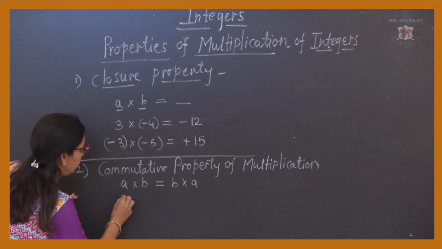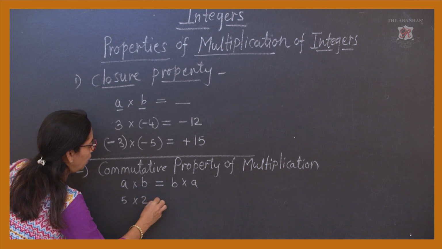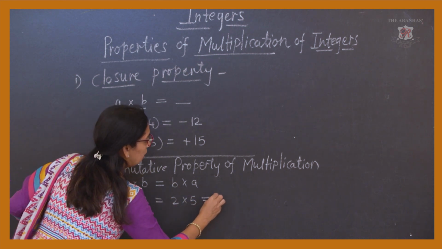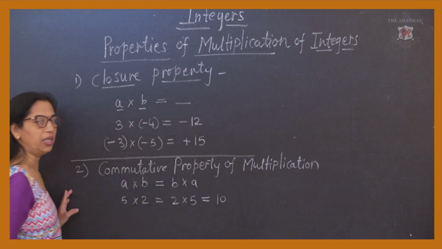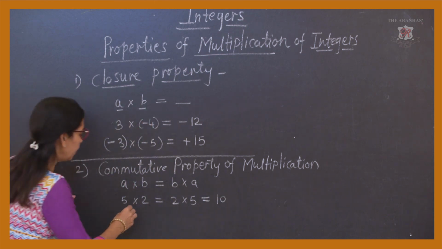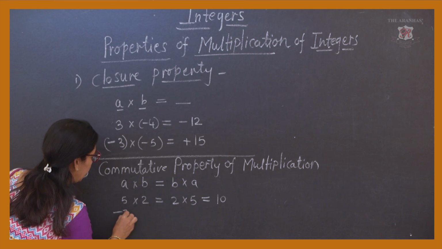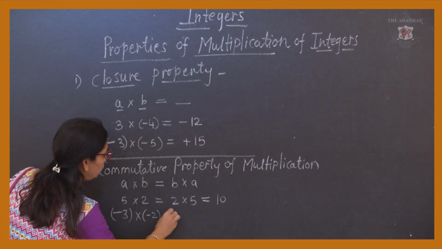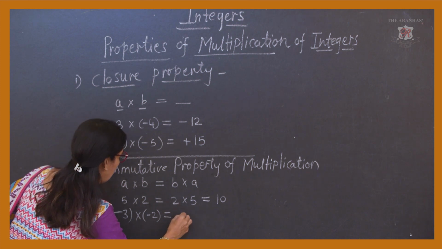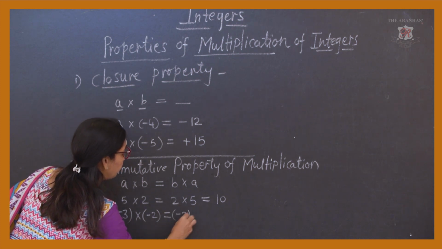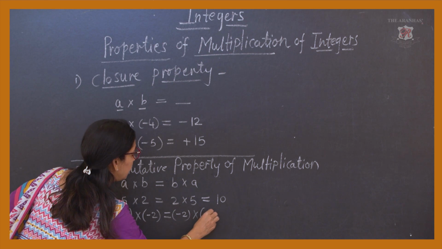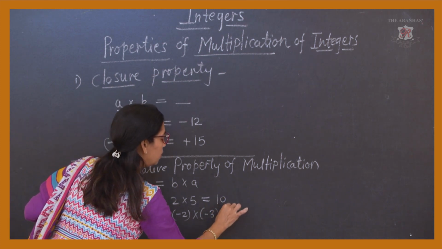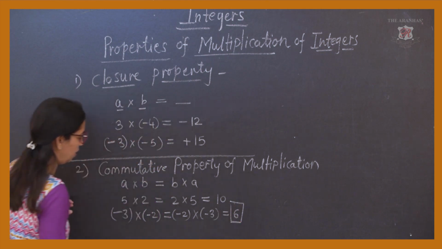You take here 5 into 2, which gives 2 into 5. The same answer you will find. You can have another example like minus 3 into minus 2 giving the same answer as minus 2 into minus 3.